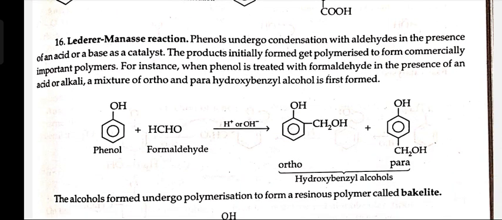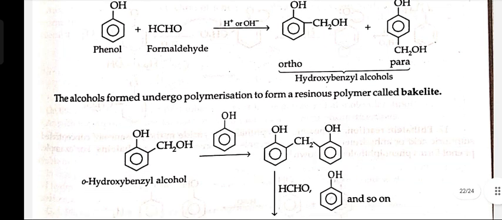Next reaction is the Lederer-Manasse reaction. Phenols undergo condensation with aldehydes in the presence of an acid or a base catalyst. The product initially formed gets polymerized to form commercially important polymers. For instance, when phenol is treated with formaldehyde in the presence of an acid or an alkali, a mixture of ortho and para hydroxybenzyl alcohols is first formed.